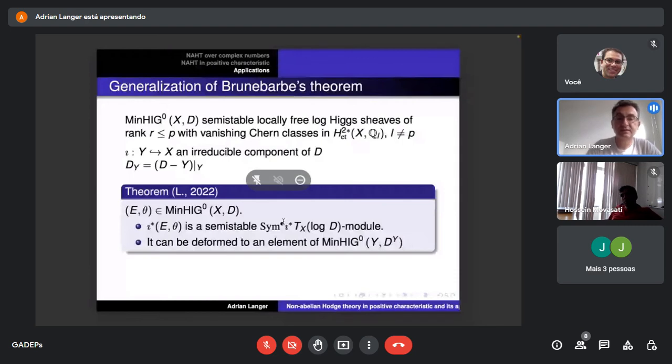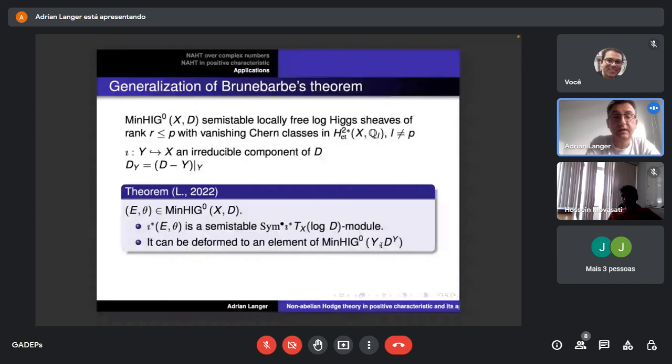And then, it really comes with a filtration such that the associated graded is still a semi-stable, locally free logarithmic Higgs sheaf on this restriction. So I sum this up by saying that this restriction can be deformed to an element of the same category, but now on this irreducible component Y. And once you have this, it is pretty obvious that you can restrict to curves and still get some semi-stability.